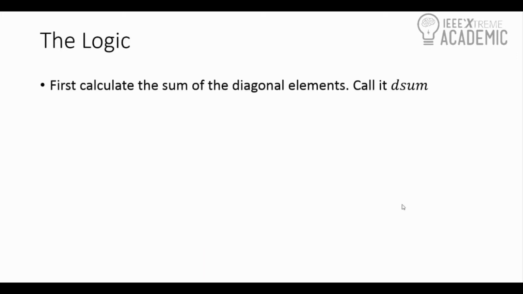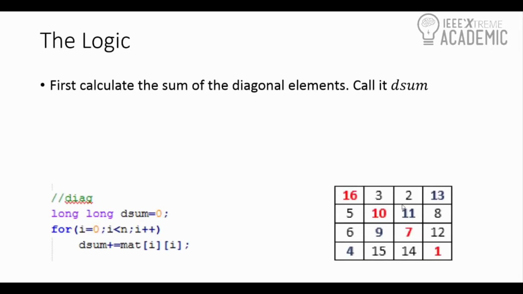So the first thing that comes to mind is to simply calculate all of these sums and compare them together. Let's call the first sum, the one we have to compare to the other ones, the dsum. This one can be calculated very simply with a for loop. Just go through all of the elements of the main diagonal and sum them up.